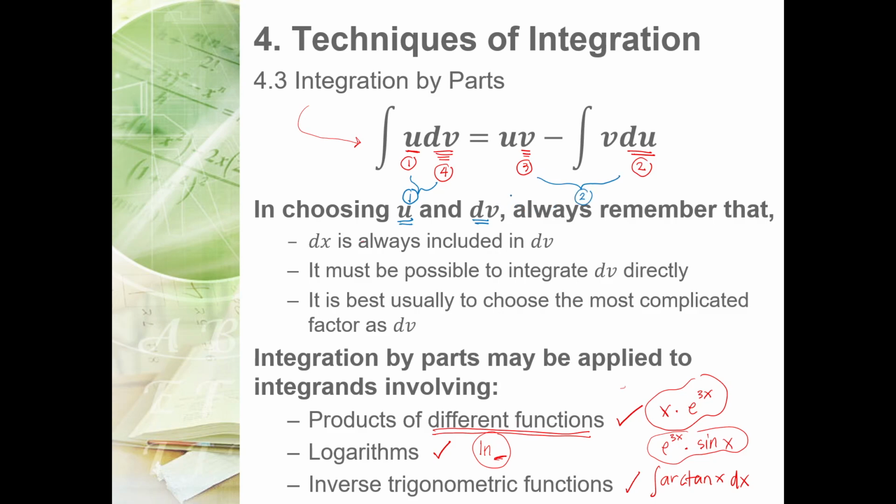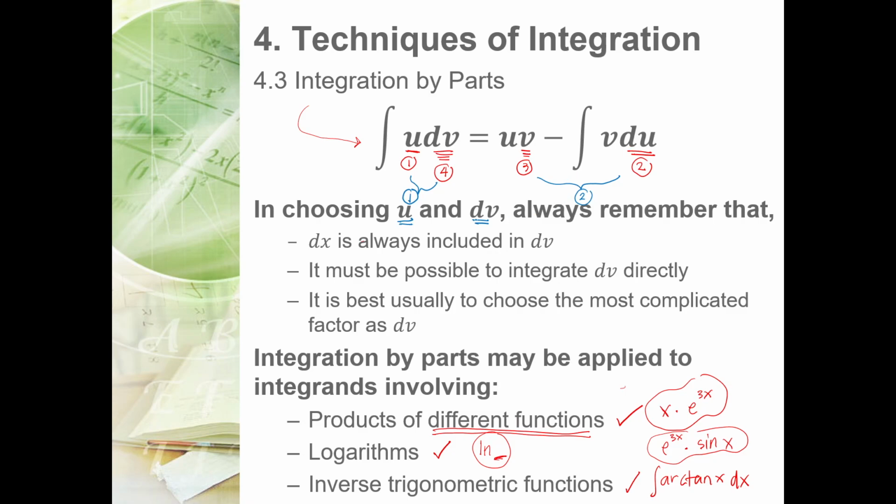It's always this way, not the other way around, because you need to get u and dv first for you to be able to determine v and du. So what do we need to remember in this case? In choosing u, we know that it should be derivable, di ba? Because we need to get du.